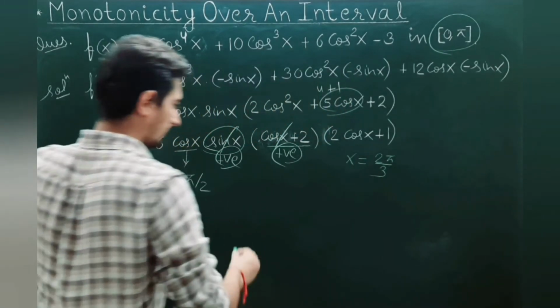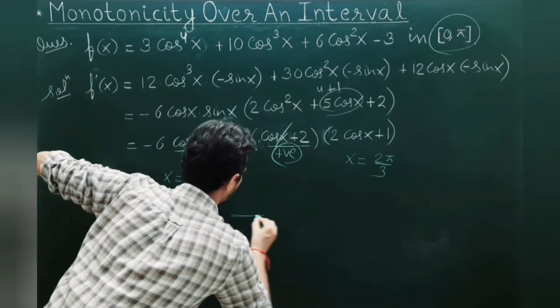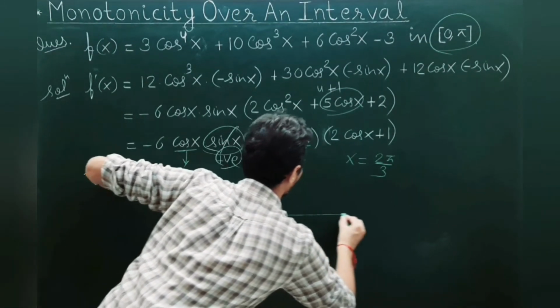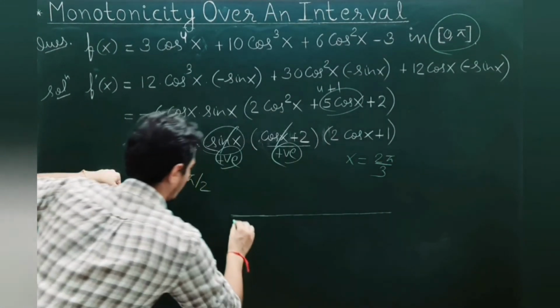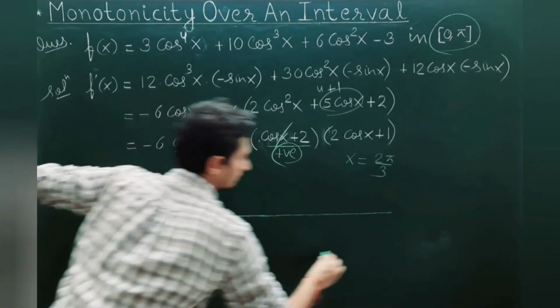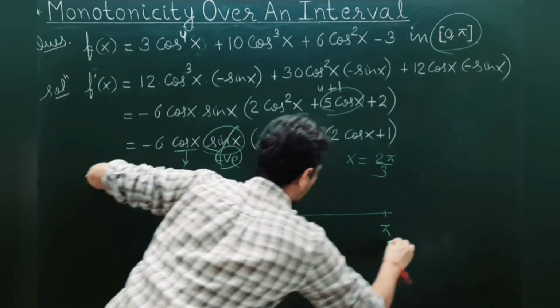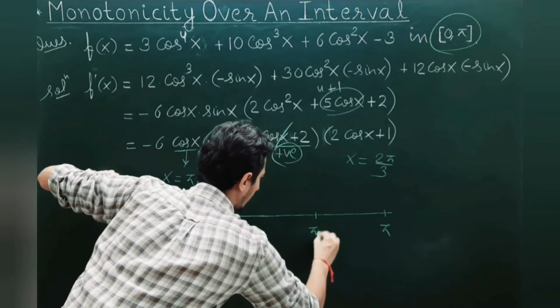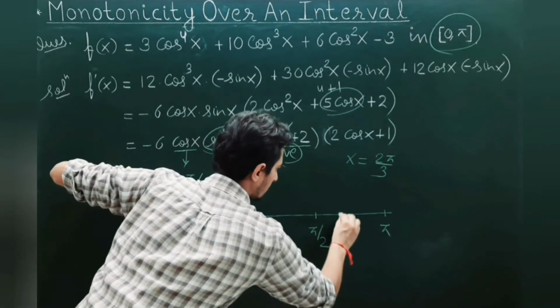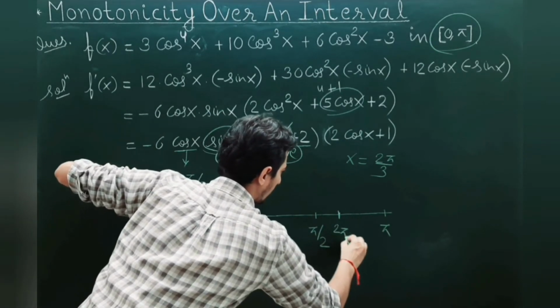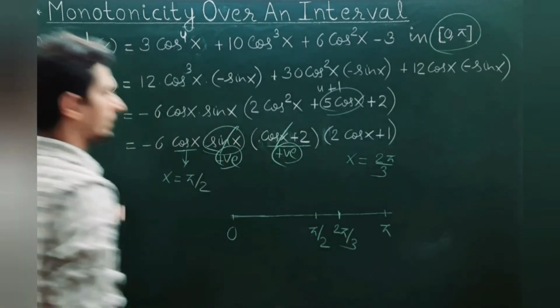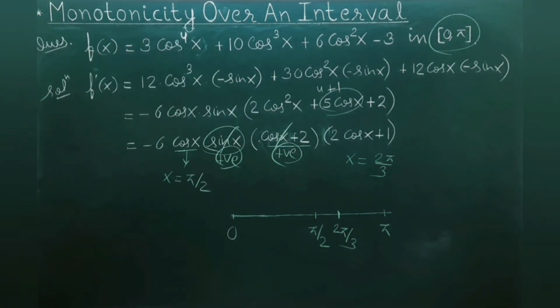So draw the real line. Zero, pi, here I have pi by 2, and somewhere here 2 pi by 3. So let's look at these portions.